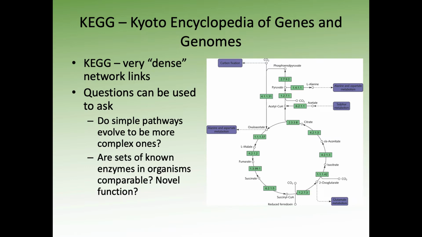So, for instance, if we're going to think about whether simple pathways evolve to be more complex, how might we go about doing that? Well, we could compare genomes and see whether we have more levels of duplication in some organisms versus other organisms, which might indicate a higher level of complexity.